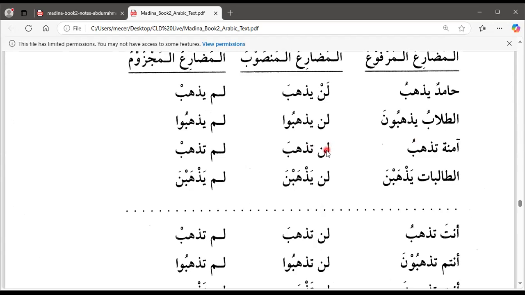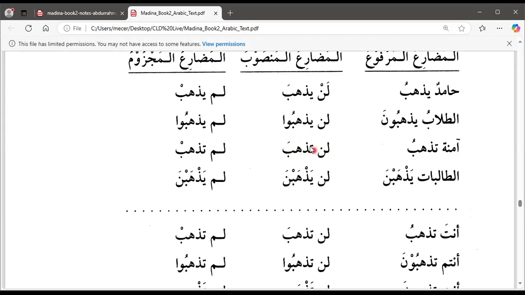If we bring lan in this sentence, we can say Aminatu lan tadhaba. Here lan, the nafi lil mustaqbal, has affected tadhab into tadhaba: the dhamma changes into fatha. So the effect is being caused by lan.